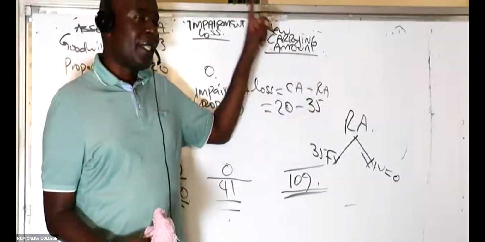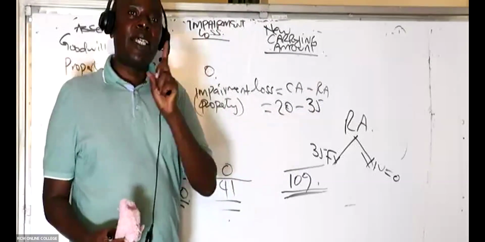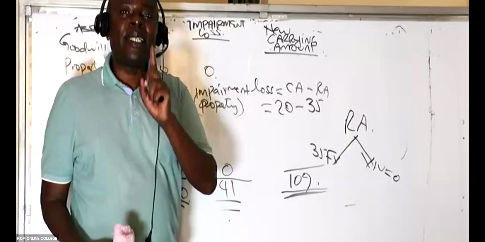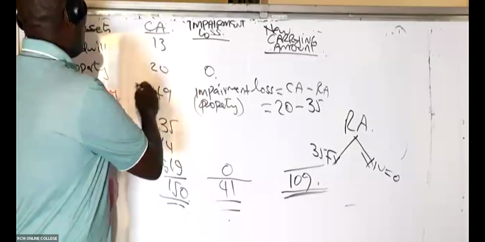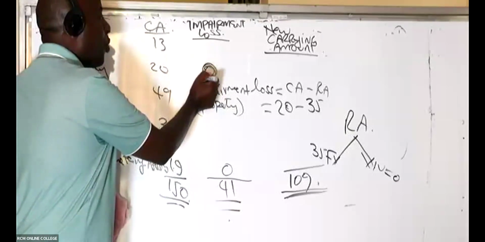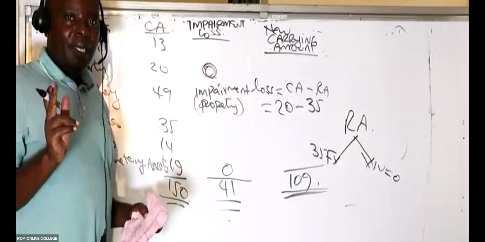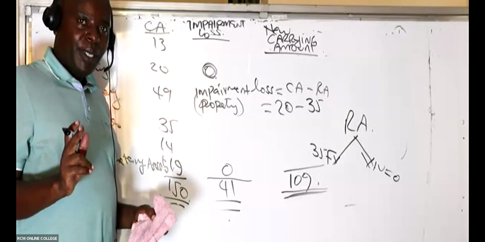Whenever recoverable amount is higher than carrying amount, that asset's impairment is nil. So the impairment loss for property here is 0, not partially impaired.